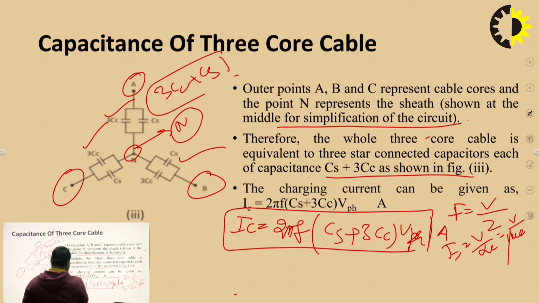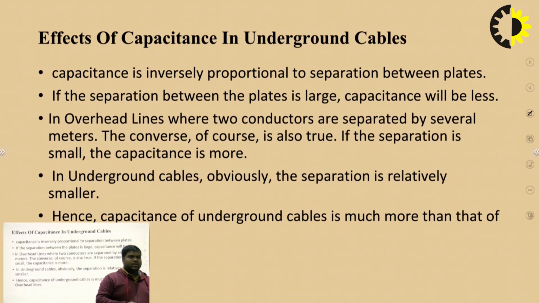So IC equal to 2 pi f into CS plus 3 CC into V phase amps. And these are the effects of capacitance in underground cable.